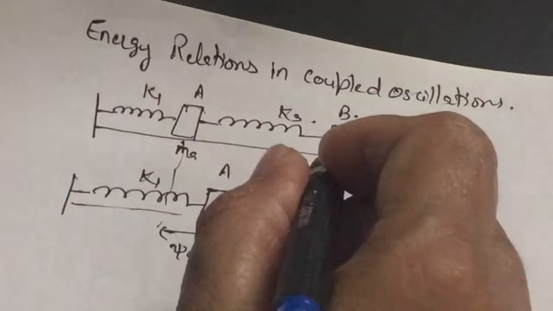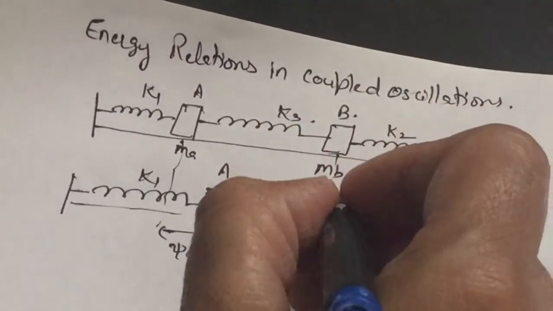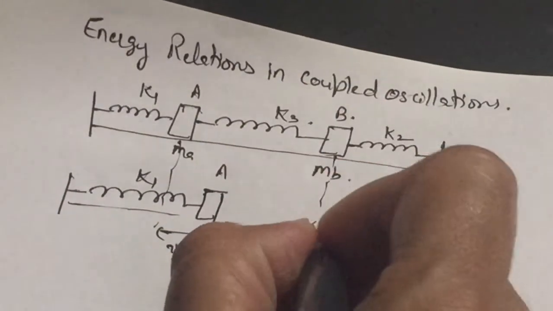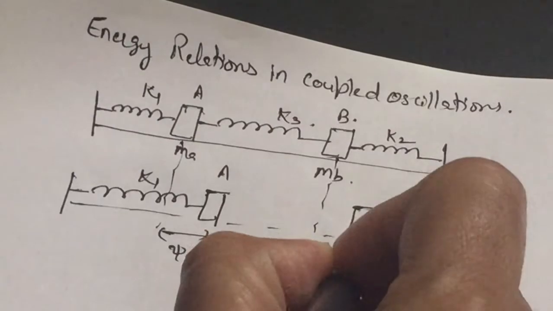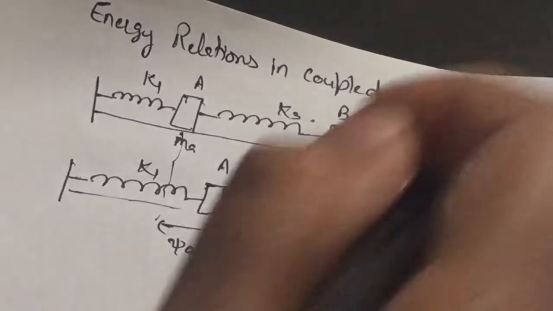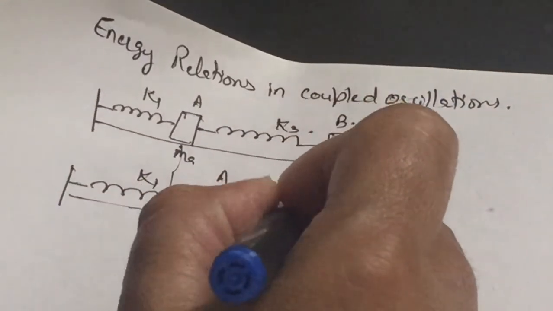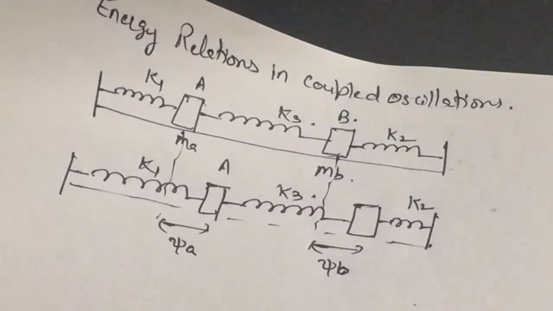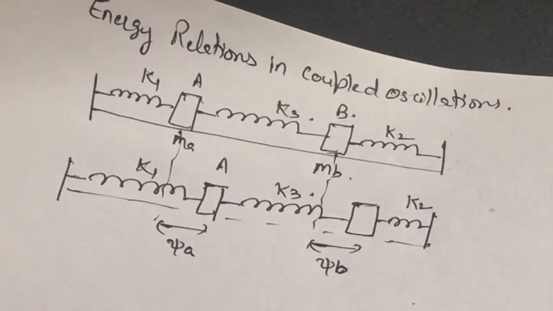Similarly, let us consider in the same direction on the right hand side, the particle B is also displaced with a displacement of psi B, due to which the spring K2, the second spring, undergoes compression, and the compression and the expansion are due to the coupling spring, that is the K3 spring.